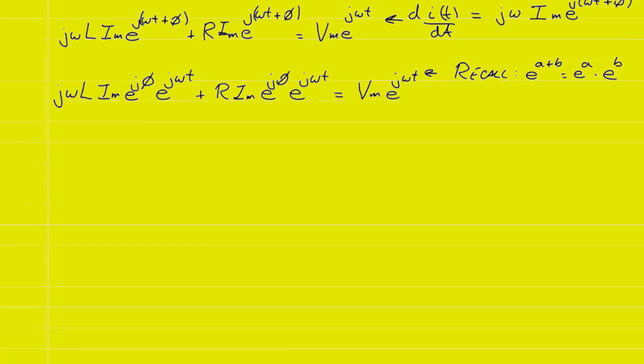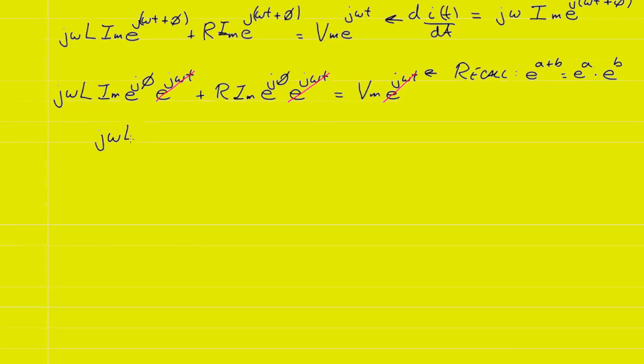Now at this point you'll notice something very interesting. The e to the j omega t's cancel out of every term, and we have an equation that is strictly in the frequency domain. Notice that there is no time variable in our function.